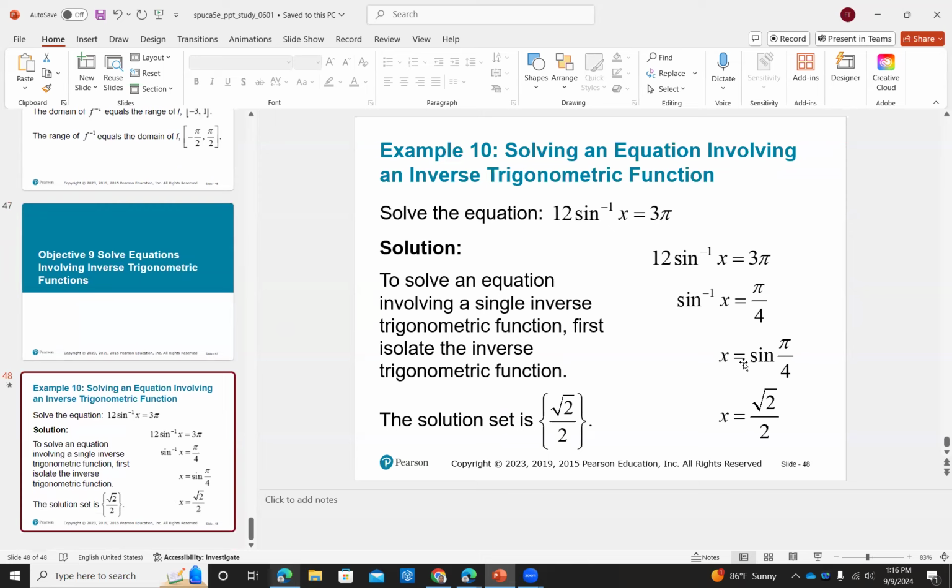Then x will be equal to sine of pi over 4, because if inverse sine of x is equal to pi over 4, sine of pi over 4 is x. And sine of pi over 4 is equal to square root of 2 over 2. This is how you solve these questions.